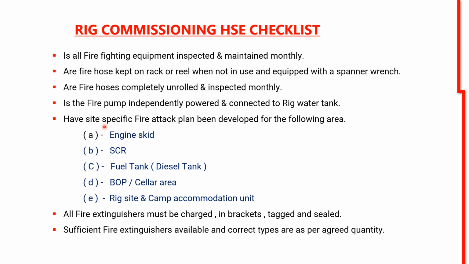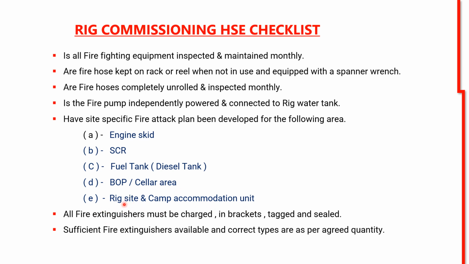So the rig safety officer has to ensure that the fire attack plan is developed and maintained for different locations separately. Number one, engine skid. This is SCR, fuel tank, the diesel tank, BOP or cellar area, rig site, and camp accommodation unit.